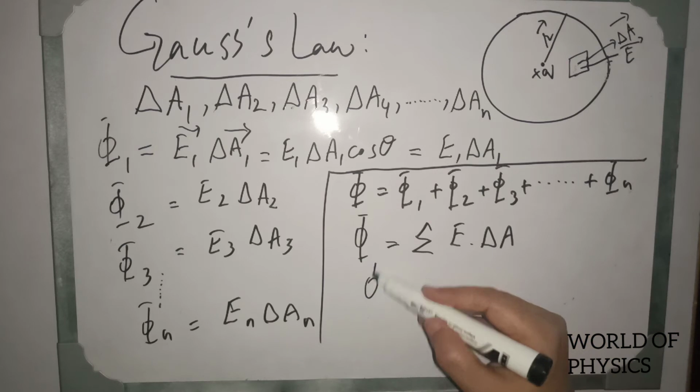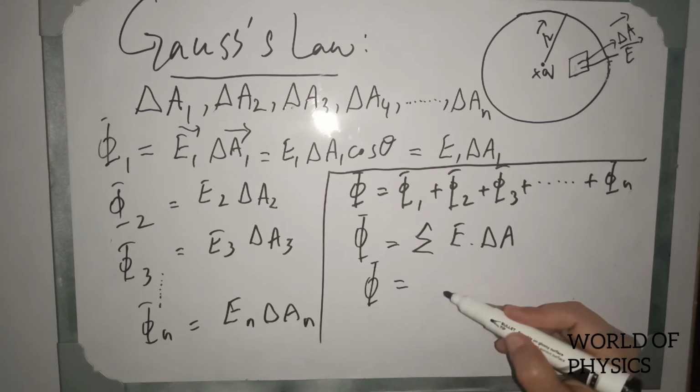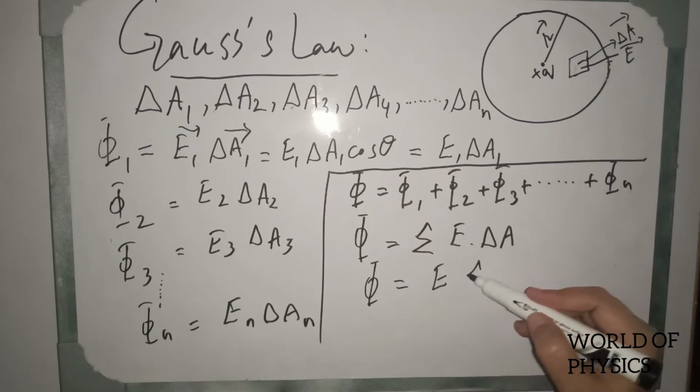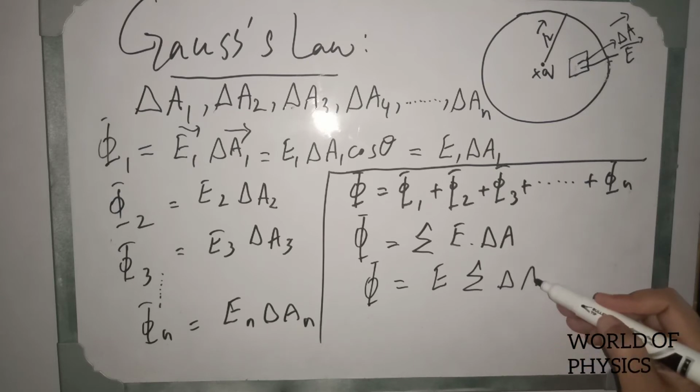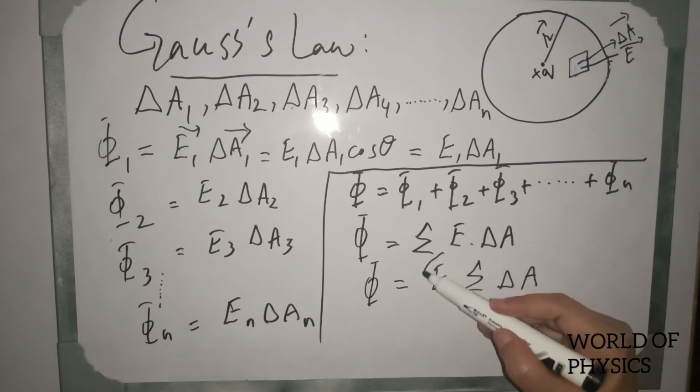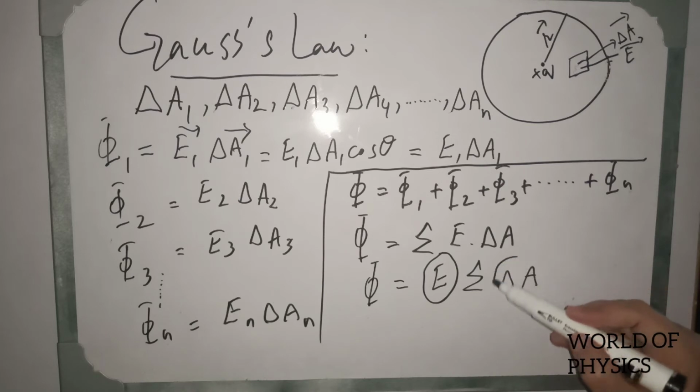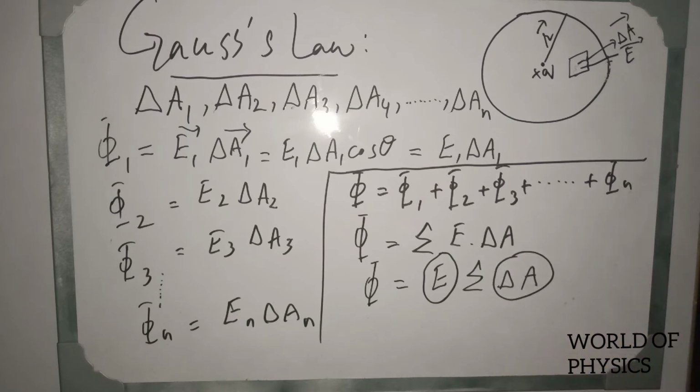So total phi equals E into summation of delta A. Now we need to find out the values of E as well as delta A, and by putting the values of E and delta A, we can get the value of phi.